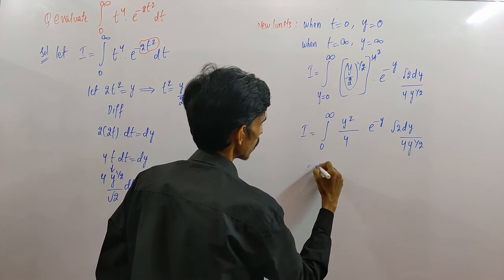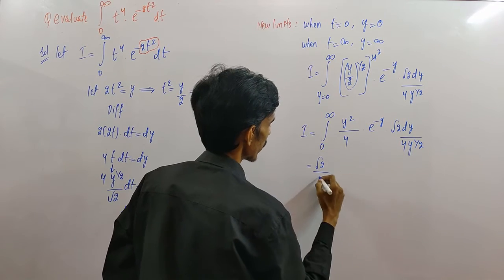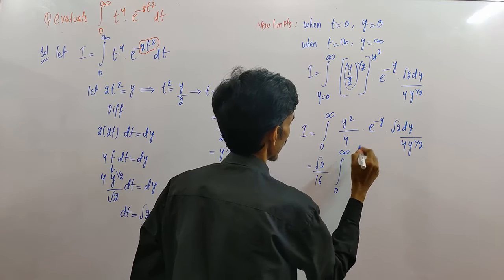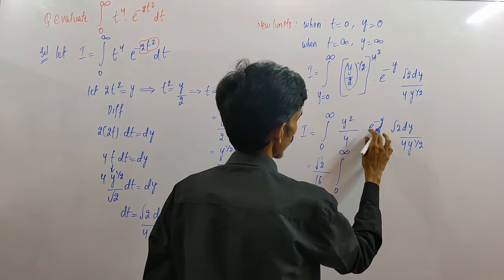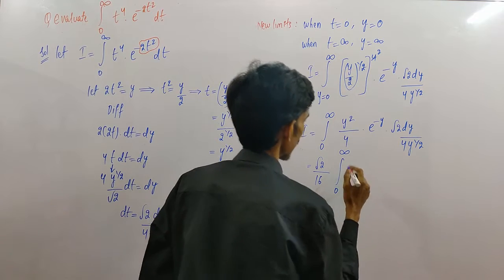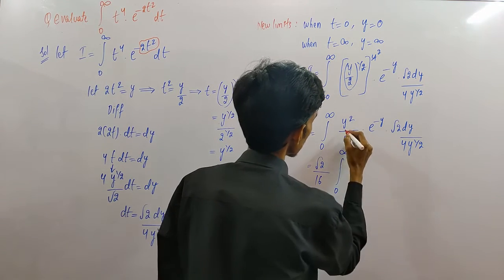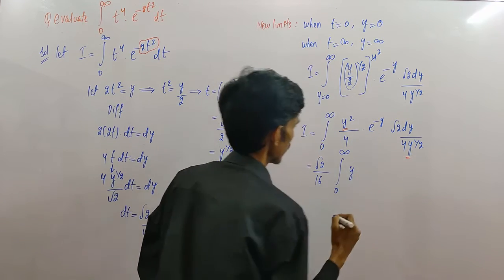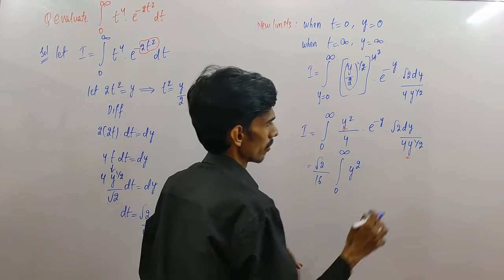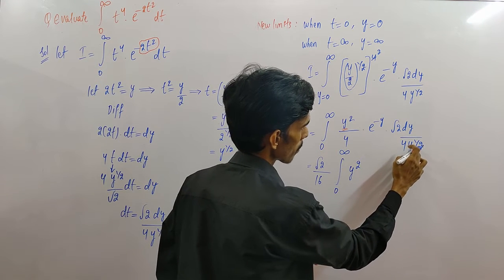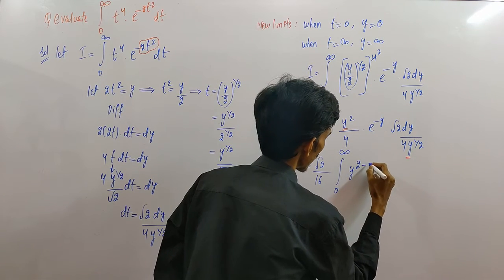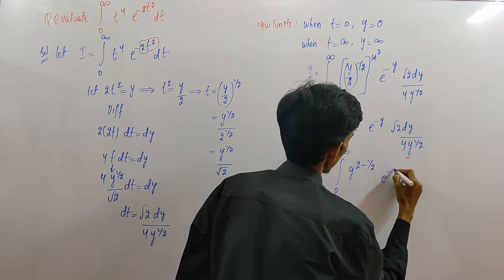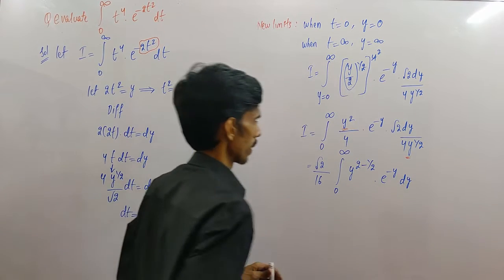We have root 2 divided by 4 into 4, which is 16. Here we have e power of minus y. Here we have y square and y power of 1 by 2. When we take this to the numerator, it becomes y power of minus 1 by 2. So this will become y power of 2 minus 1 by 2 into e power of minus y dy.